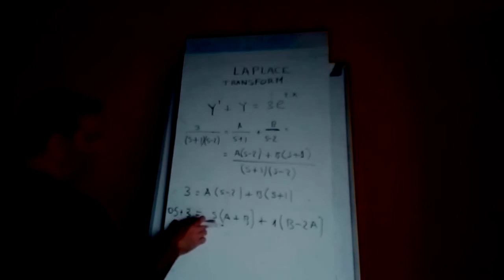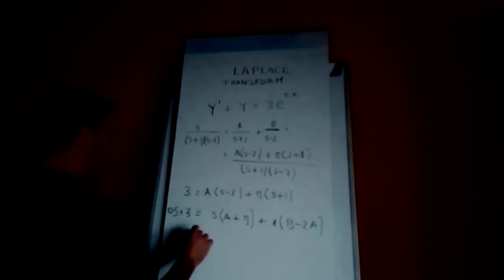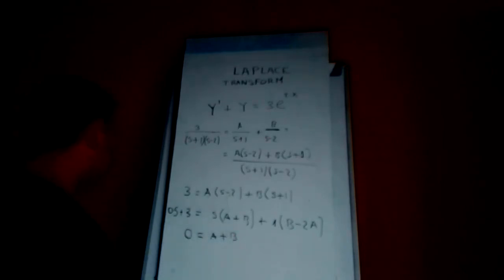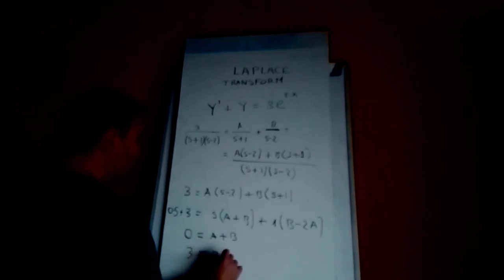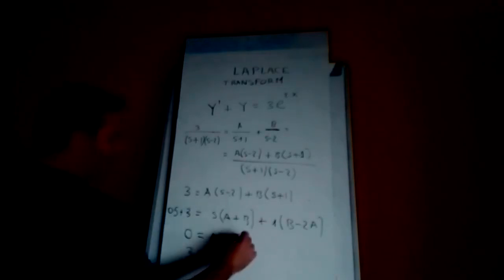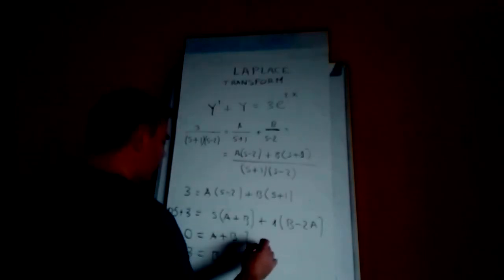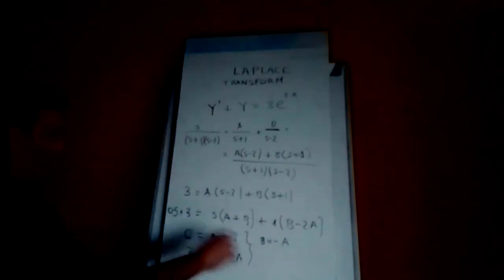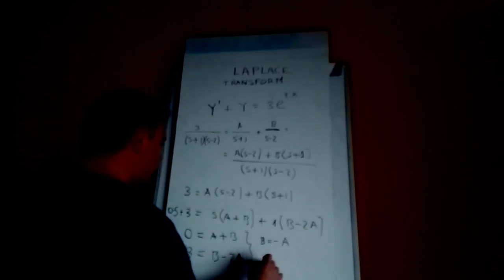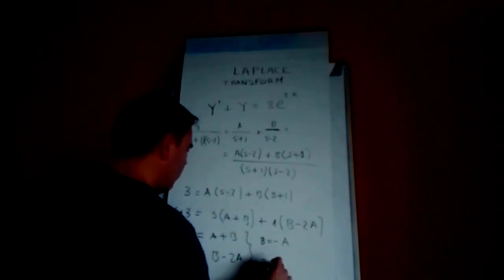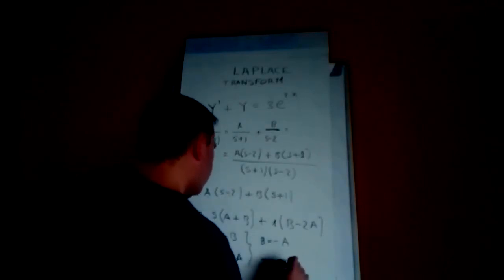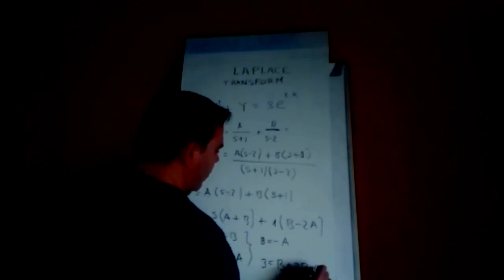Now we can equate every term, only the coefficients this time. The s coefficients give us 0 equals a plus b, and the independent term gives 3 equals b minus 2 times a. This is a linear system of equations. From the first one we get b equals minus a, and substituting back in the second equation, 3 equals b minus 2 times minus b, which is 3 times b.